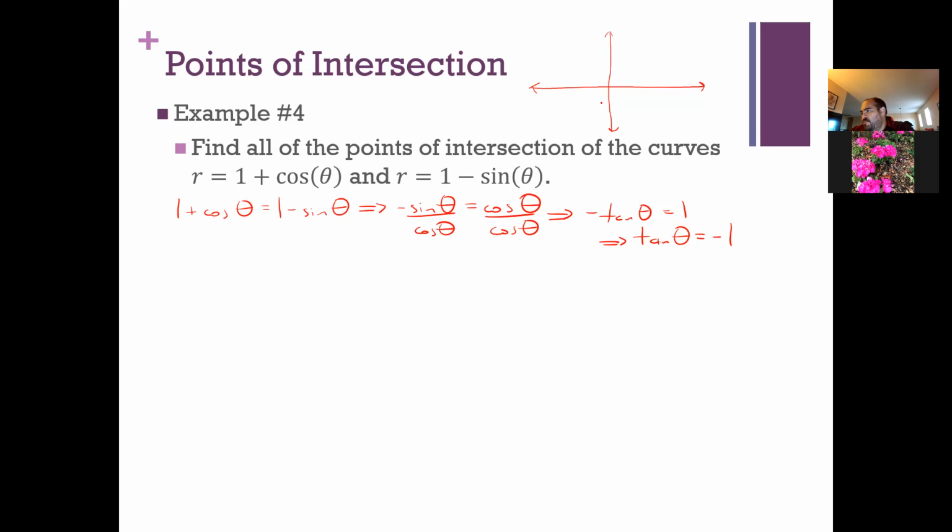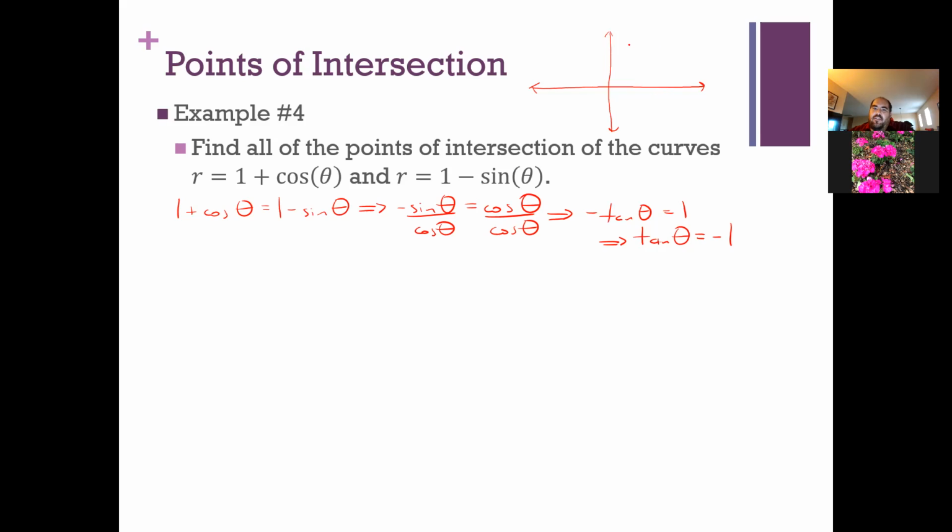The cosine gives you the x coordinate on the unit circle. And the tangent gives you the sine divided by the cosine. The only way for the sine divided by the cosine to be negative is if x and y have different signs.